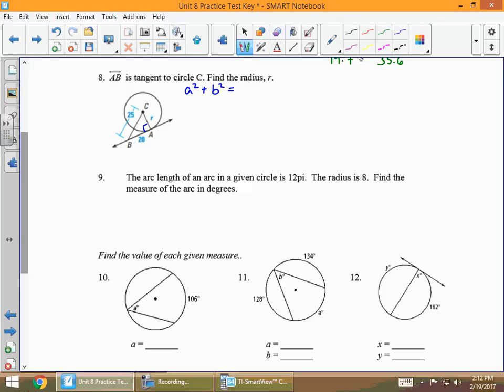In the Pythagorean theorem, the hypotenuse of the triangle must be C. So my two legs, R and 20, so R squared plus 20 squared has to equal the hypotenuse, which is 25 squared. Subtract 20 squared on both sides.